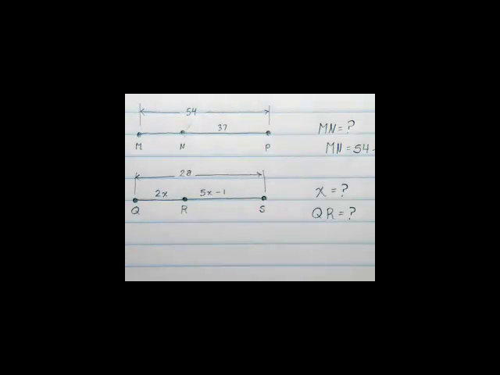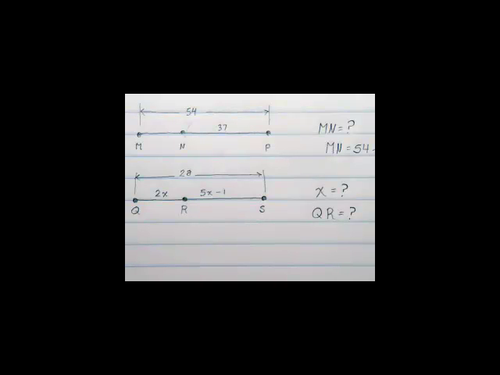So, what do you think? How could I do this one? I'll give you a hint. I'm going to have to make an equation somehow. What's equal to what in the picture here? Is it going to be 10x minus 1?